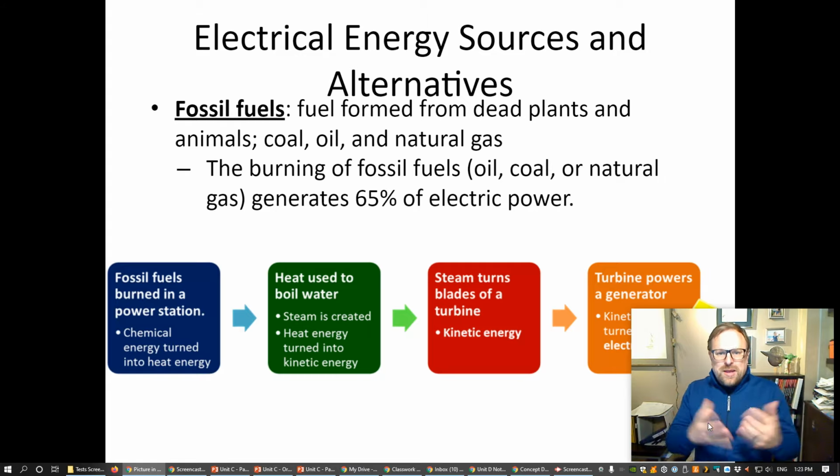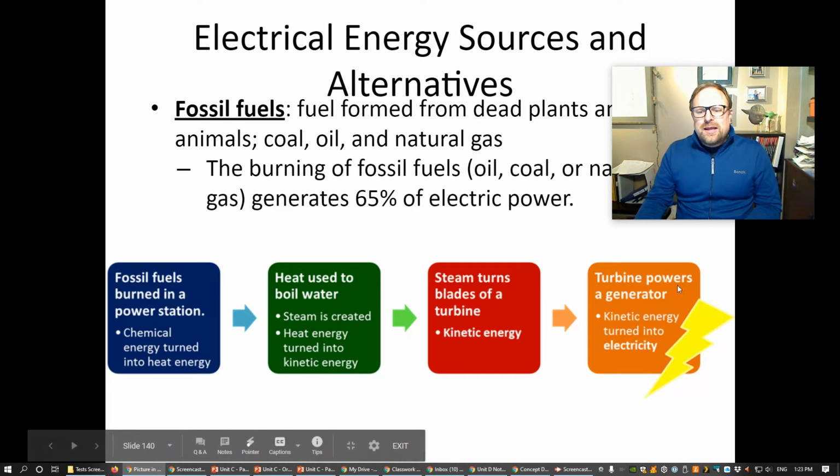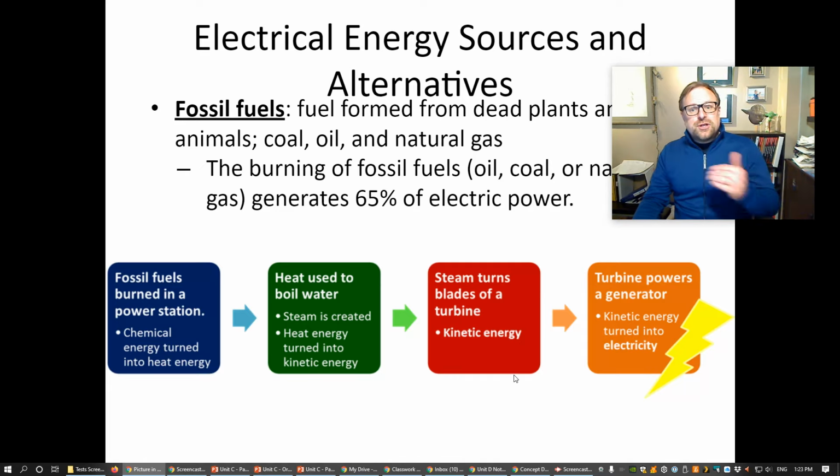So basically we ignite them in the presence of oxygen, and that generates enough heat to boil water. And then what we tend to do is we use the steam to spin a turbine, which generates kinetic energy. So what we're talking about here is the typical energy generation process.